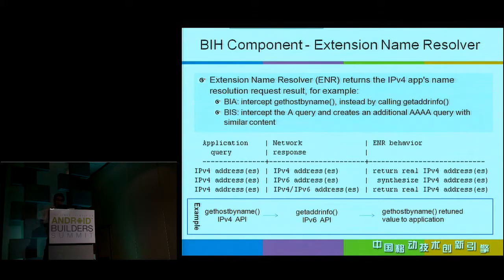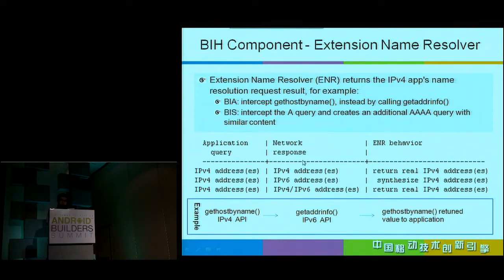In this case, the extension name resolver should synthesize an IPv4 address for the application, and then let gethostbyname return the synthesized IPv4 address to the application. But the BIH will use the IPv6 address to connect to the IPv6 network. So, during this translation, the IPv4 application can communicate with the IPv6 network or server.